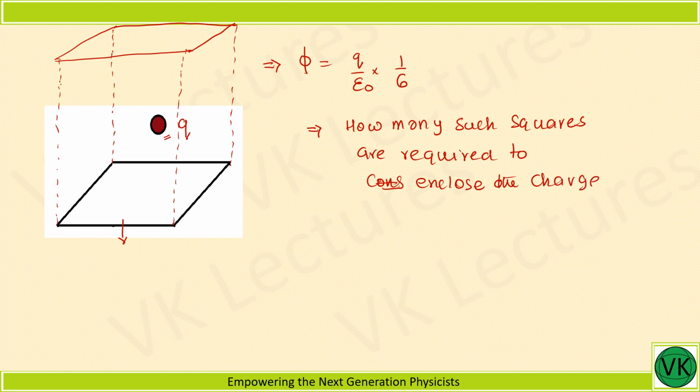So to enclose the charge we need another 6 faces or squares. So that's why the total phi is equal to q by epsilon naught times 1 by 6.